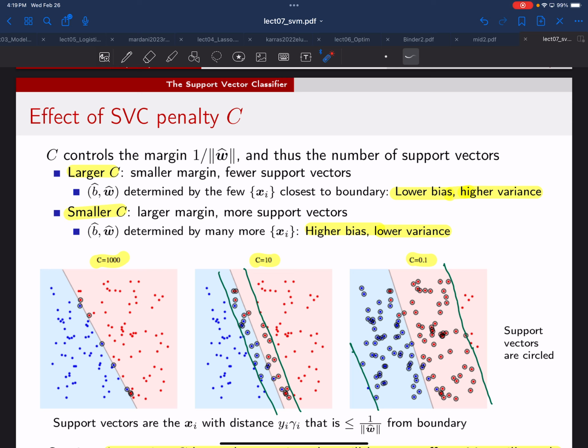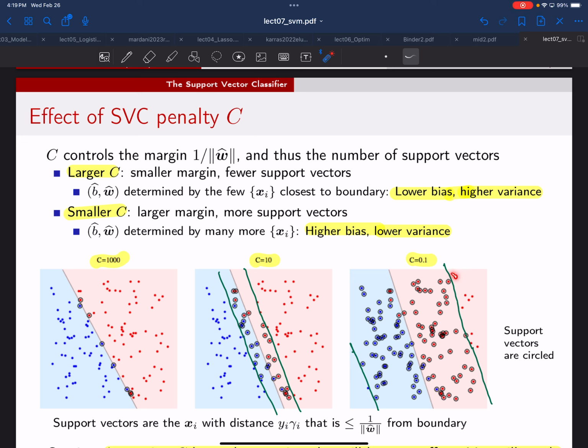But on the other hand, when you look closely at the boundary here, it's doing a great job of preventing classification errors. It looks like all the points, red and blue, are correctly classified, whereas over here you can see there are some issues. These red points are incorrectly classified, as are these blue points. So on the left, it is really prioritizing the points closest to the boundary and minimizing the number of errors.